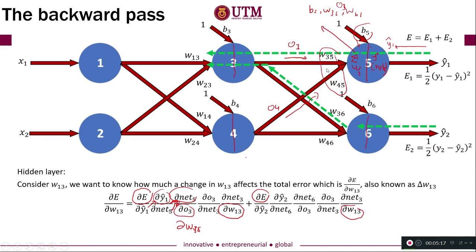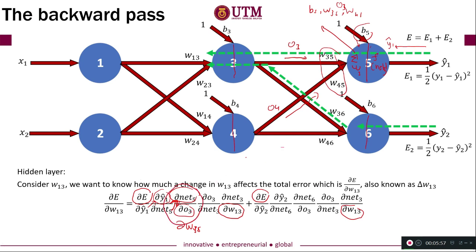So you need to do it the other way around, which is to derive with del O3, because O3 comes from this one. If you do it with respect to W35, then you stop the chain rule there. That's why you need to do the derivative with respect to this one. Now it will be connected, because O3 connects between number 3 and number 5. That's why at this component we must do that.